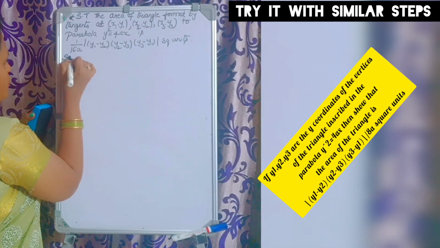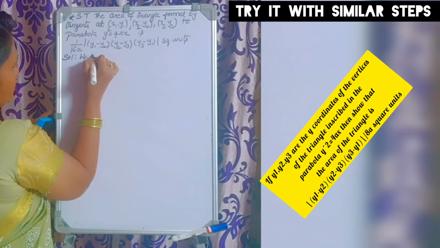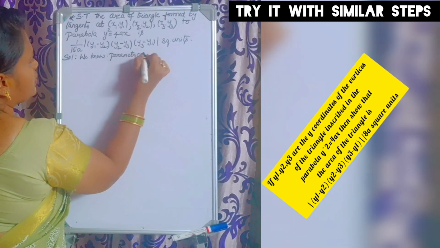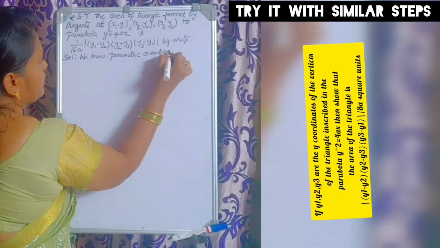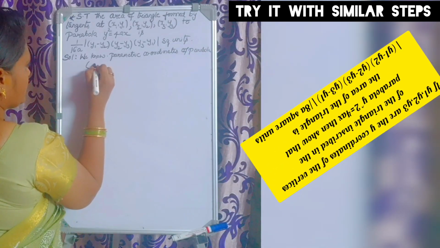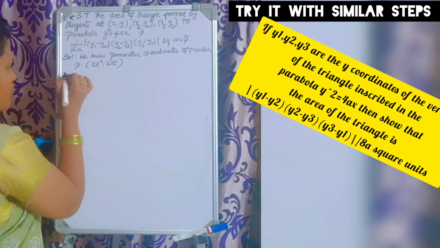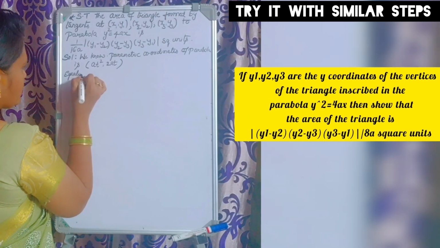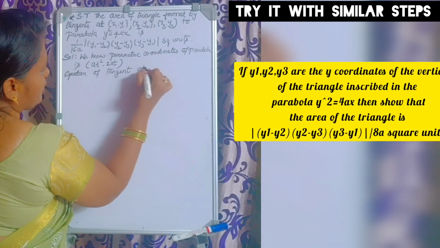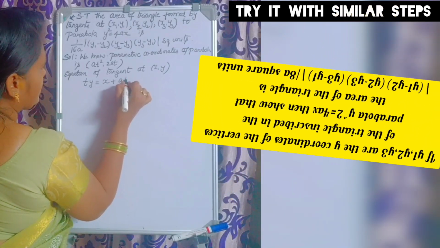Now, how to prove this? First, we know the parametric coordinates of parabola are at square, 2at. Also, the equation of tangent of parabola at x comma y is ty is equal to x plus a t square.